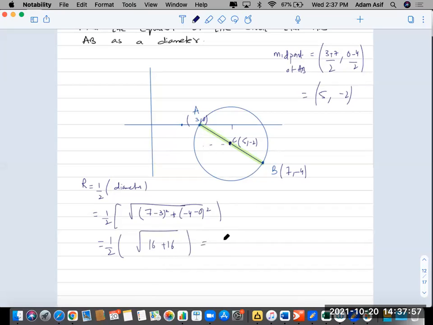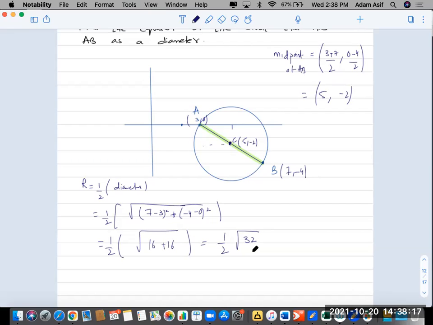So what's the final answer? What's coming in exact form? Square root of 32. So simplify this, what will come? What is square root of 32 in the simplified form? Square root of 8, 2.